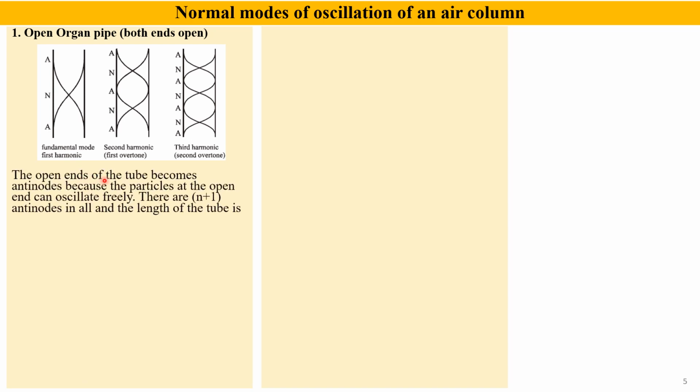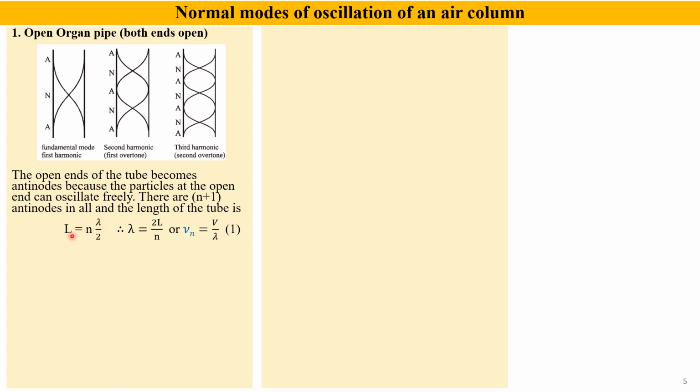Thus, the open ends of the tube become antinodes because the particles at the open end can oscillate freely. There are n plus 1 antinodes in all, and the length of the tube, that is the distance between two consecutive A's as shown in the first part, let it be L, which is a multiple of lambda by 2.